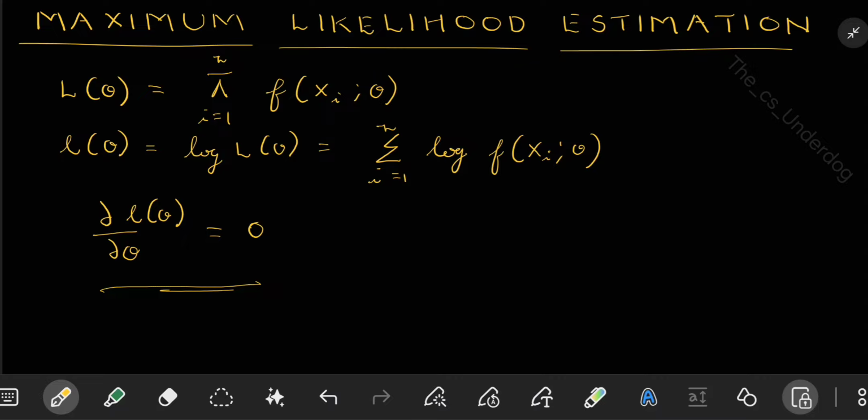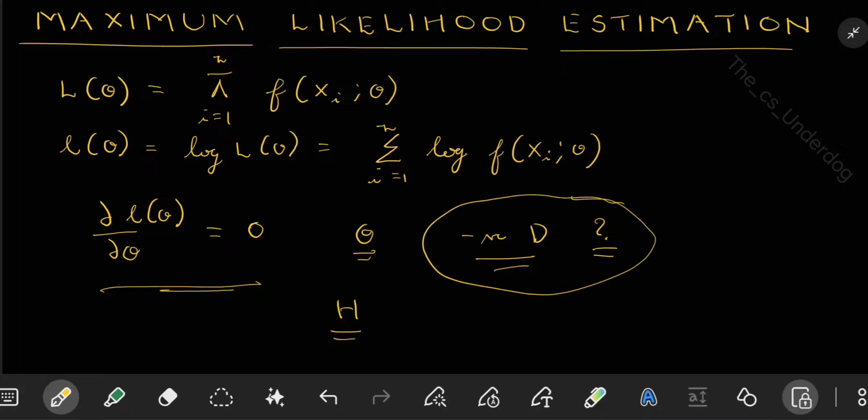After this, when you equate to 0 and solve for the value of theta, one more thing is that you have to check the second derivative, or you call it the Hessian. It should be negative definite. Why should it be negative definite? The reason is that at that solution you want a local maxima, so that it will be the maximum likelihood estimate.